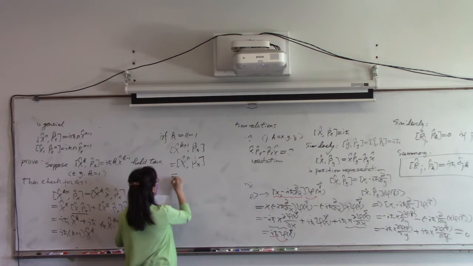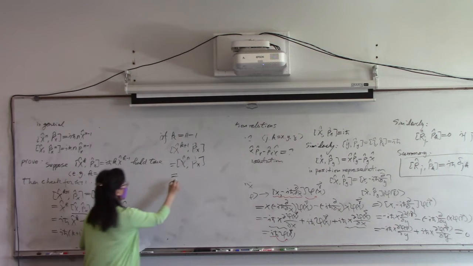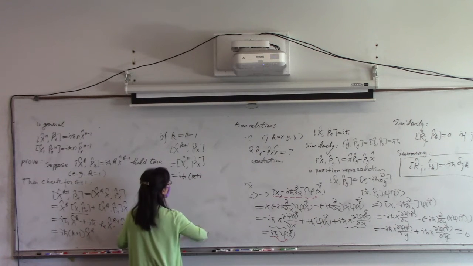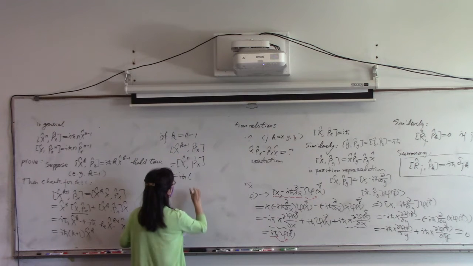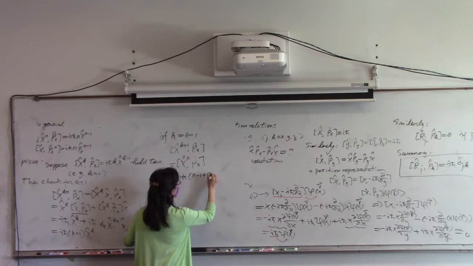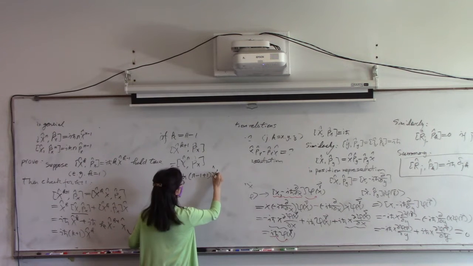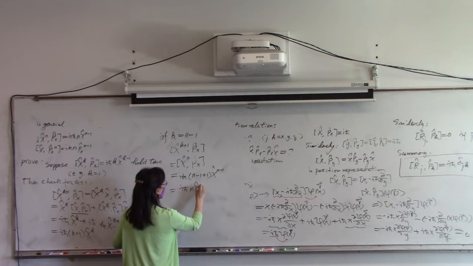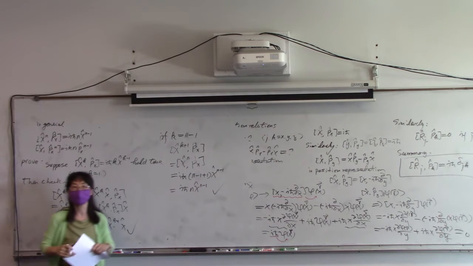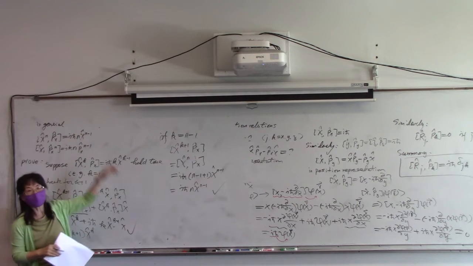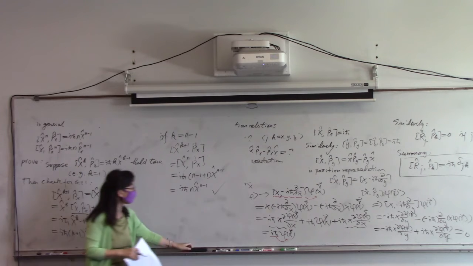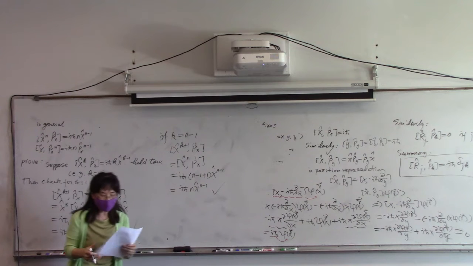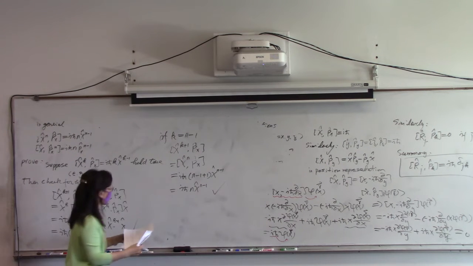That equals i h bar k plus 1 times x to the k, where k is n minus 1. So that's i h bar n x to the n minus 1. Yes, we proved this one, and you can do the same thing for the other yourself. This relation is very important.